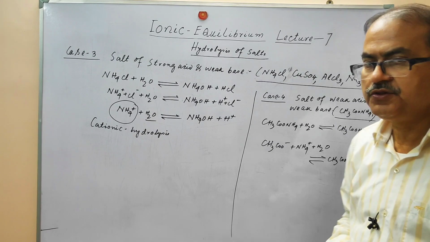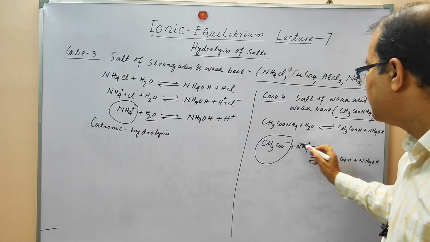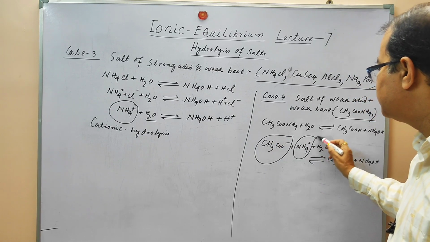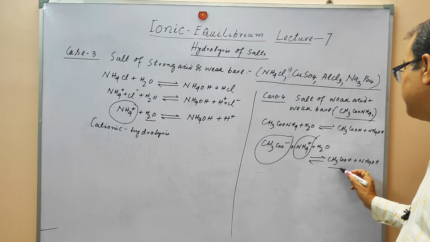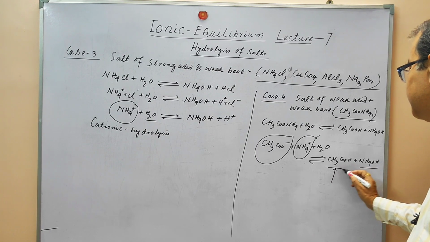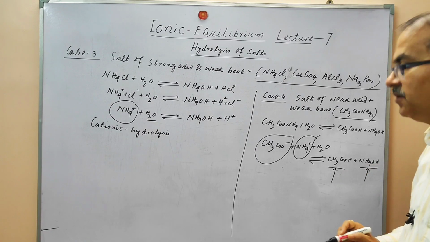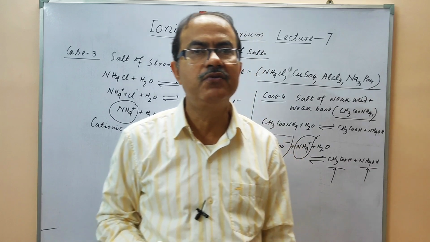In this case, for this hydrolysis, you can see that both the anions and the cations are going to take part in the reaction, and it is going to produce the weak acid and the weak base. This is the weak acid and this is the weak base. So those are the 4 cases of hydrolysis.